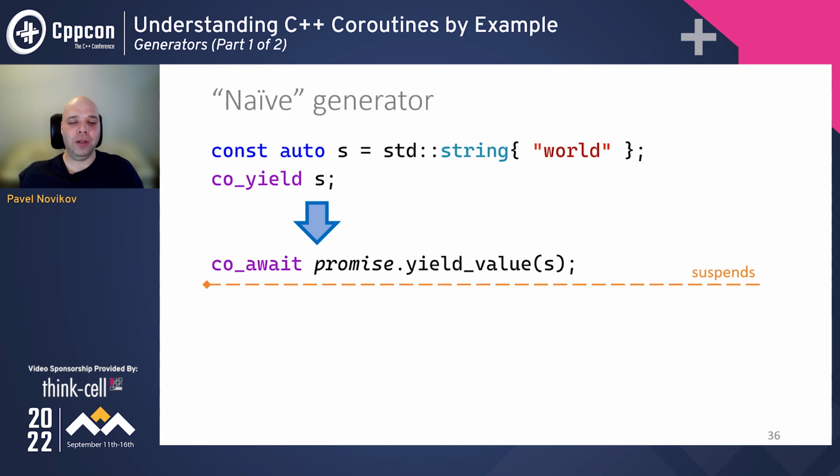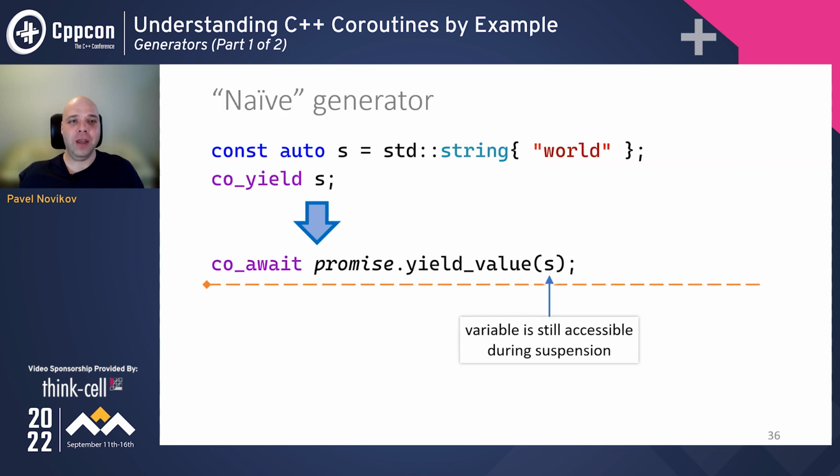When we call await and the coroutine suspends, all the data that is, in this case, passed into yield_value is accessible during the time that the coroutine is suspended.